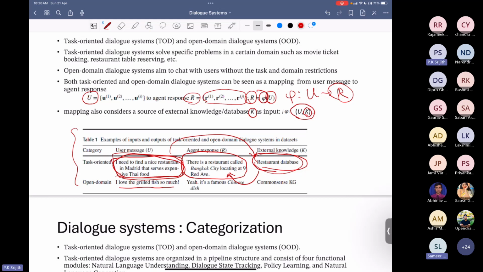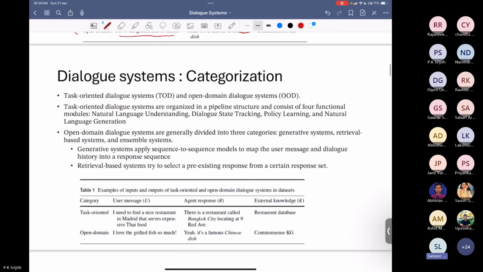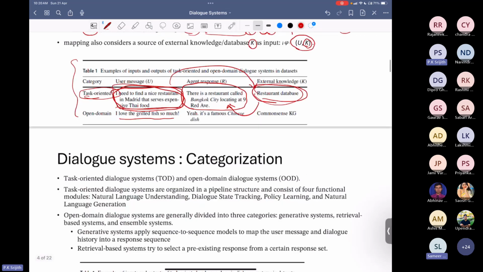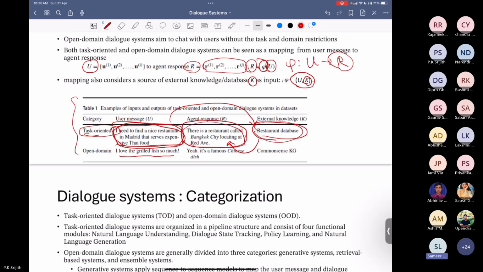So in order to achieve these things in a very accurate manner, task-oriented dialog systems follow a modular structure, a pipeline structure, where it solves one task after the other. Like, the solution to the final generation of this output consists of solving multiple tasks in a sequential manner. It follows a pipeline structure.